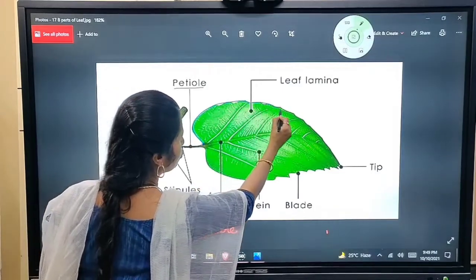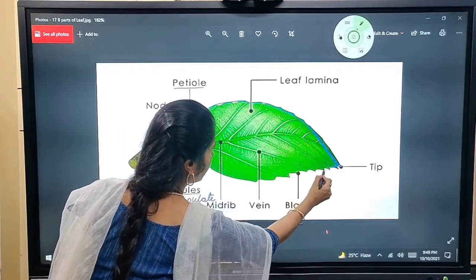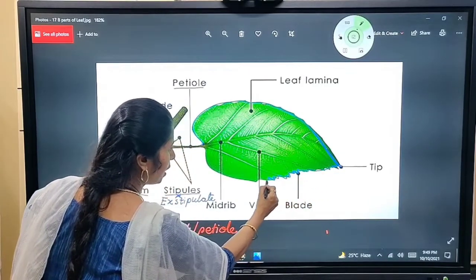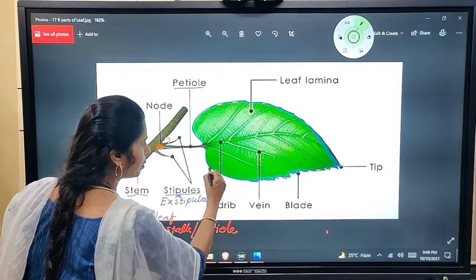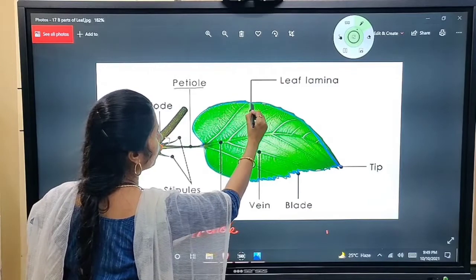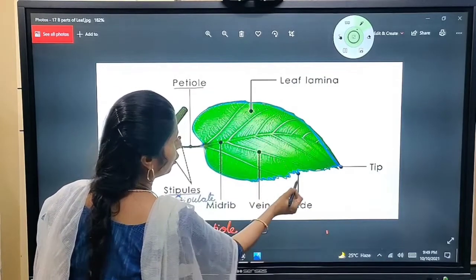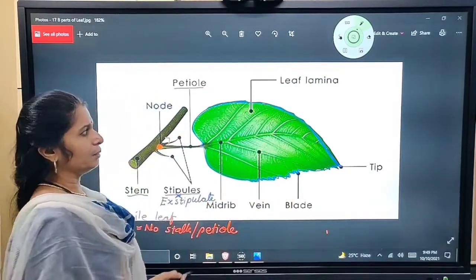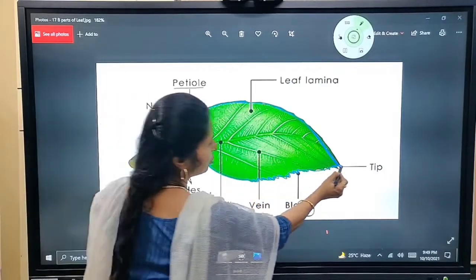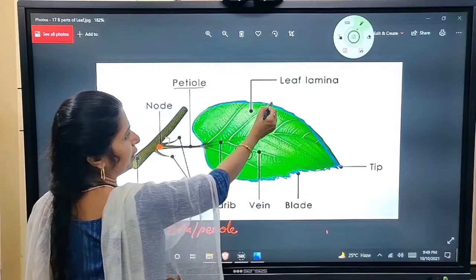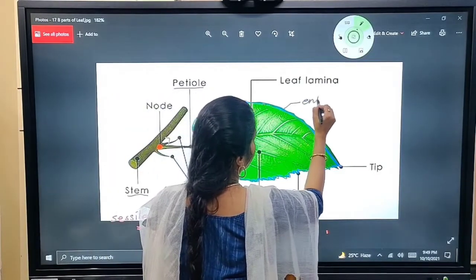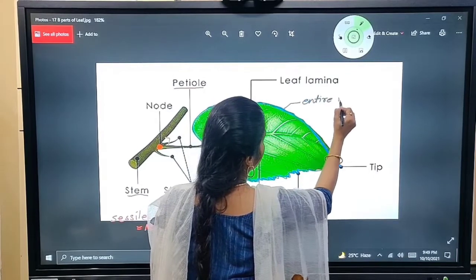ये टोटल जो हमने ड्रॉ किया है, ये है लीफ ब्लेड। अब देखो, ये लीफ ब्लेड की मार्जिन मैंने यहाँ पे एंटायर ड्रॉ की है, और यहाँ पे भी, सो डिपेंड करता है। सो दिस इज मार्जिन ऑफ द लीफ, देन दिस इज टिप ऑफ द लीफ, दिस इज एंटायर मार्जिन, एडिशनल वर्ड, it is entire margin.